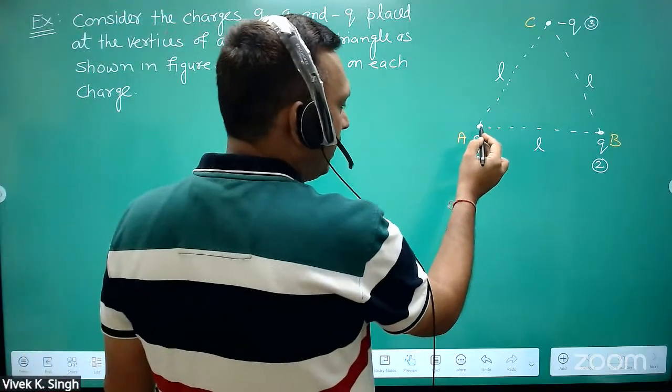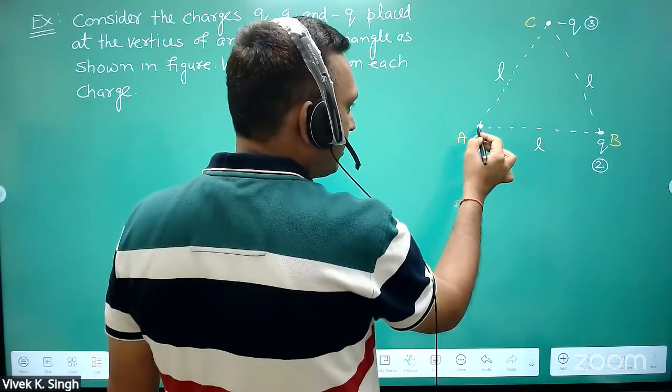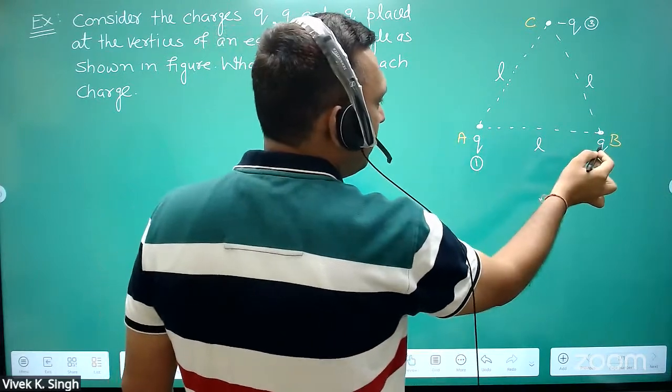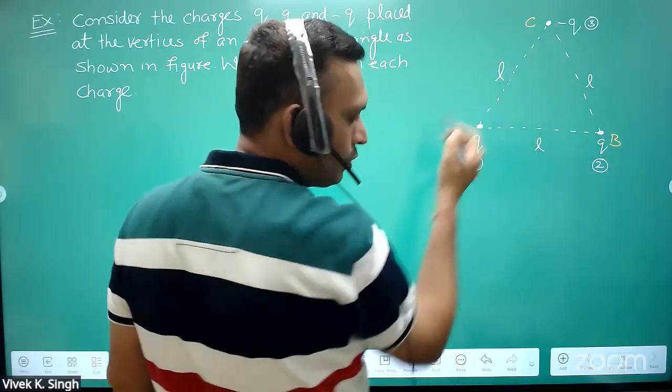Let us first see what will be the force on this charge Q. This will experience force because of Q and minus Q.